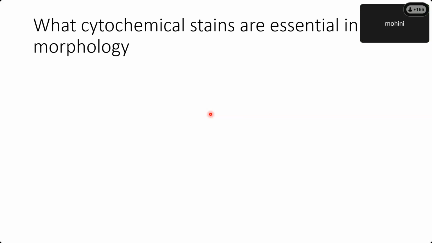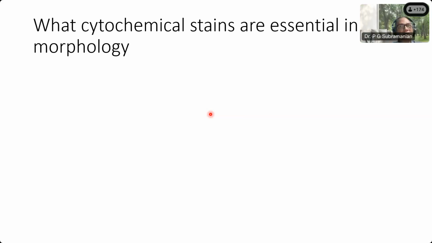Which cytochemical stain would you want to do first in a workup of a leukemia? For any leukemia, it's the most essential stain. MPO, myeloperoxidase, is the most important thing. So MPO will have to be done.